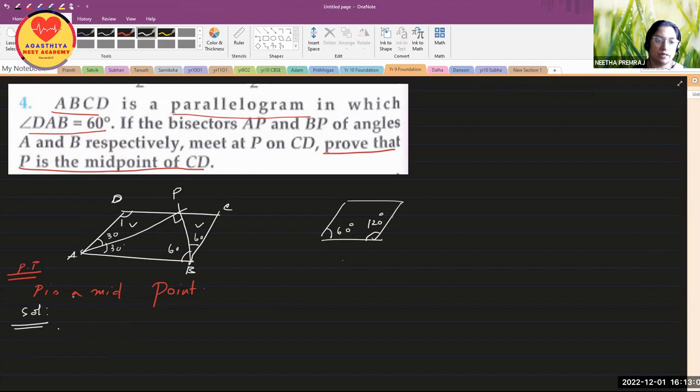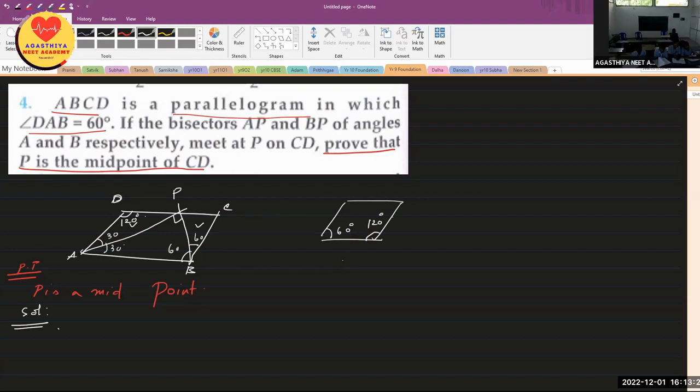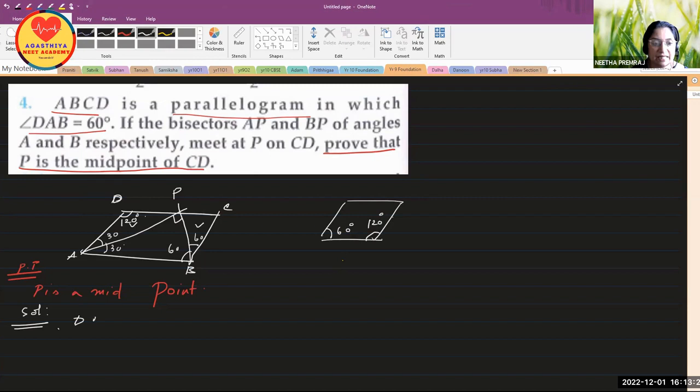This is 120. 120 means, okay, I got it. See, I got it, guys. But how come? Okay. So, see, DC is parallel to AB, isn't it?